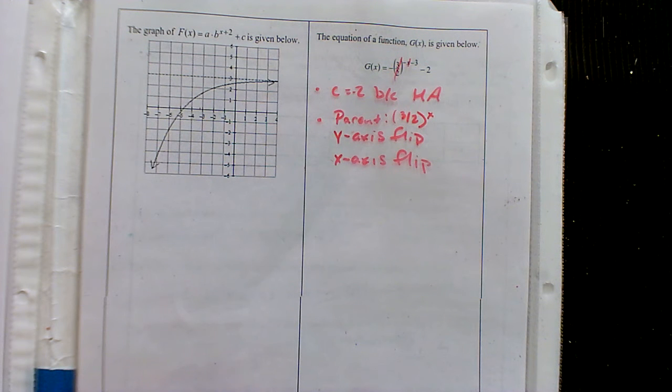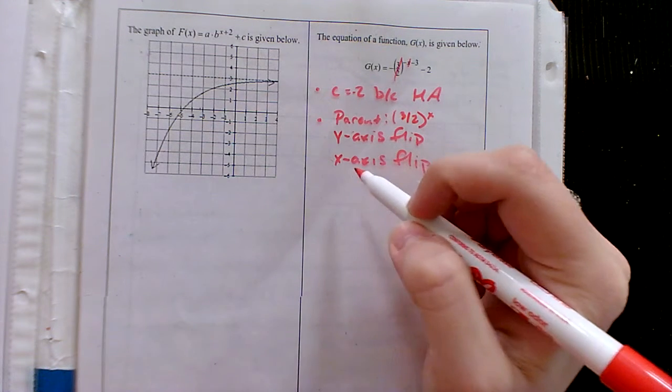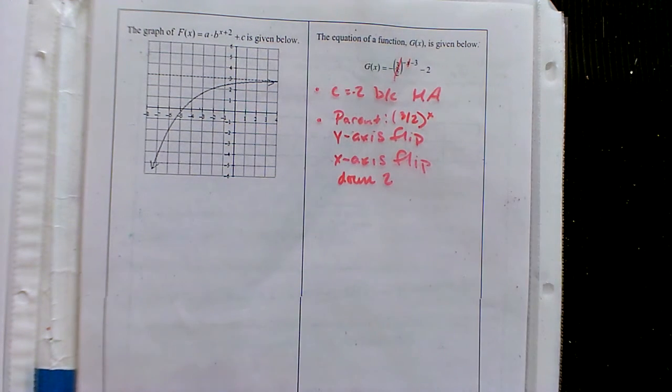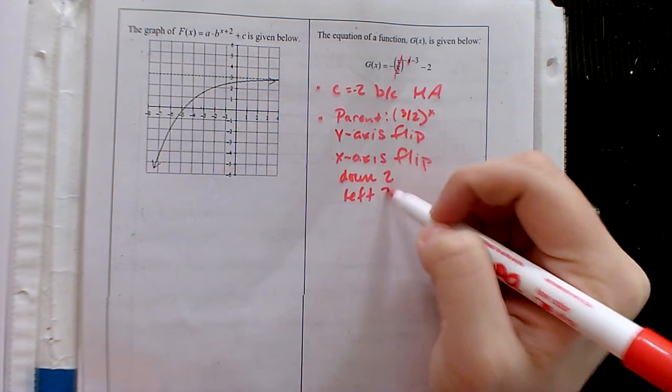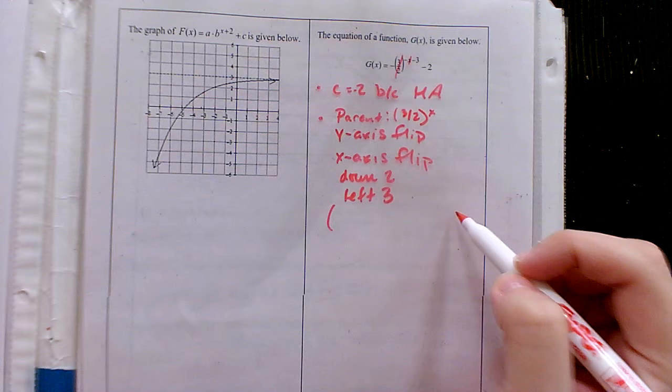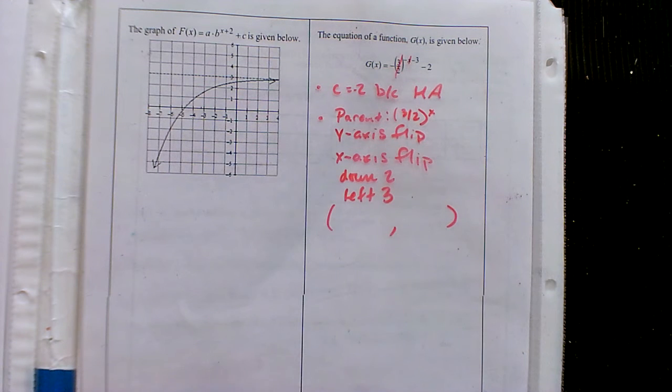Are there any other changes we can identify? You want to keep going? Yeah. Down 2. Yep. Yeah. It is left 3. Good. Okay, so based off those transformations, can we write the coordinate rule?